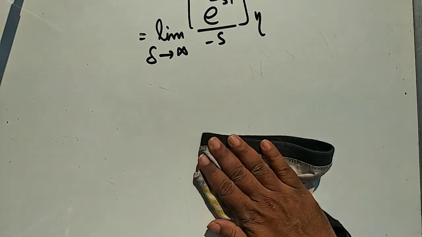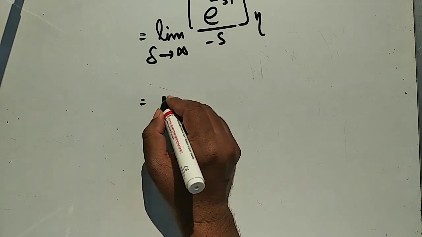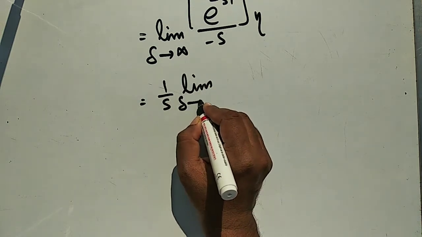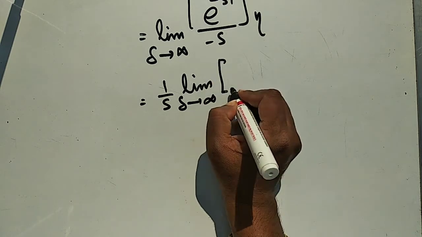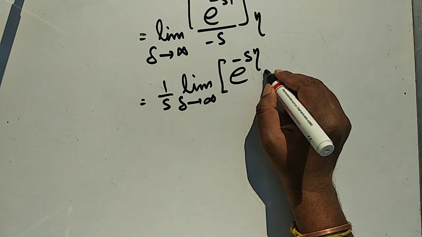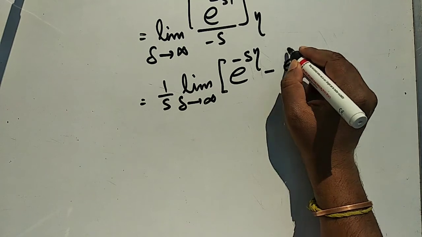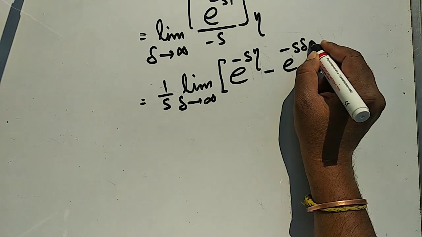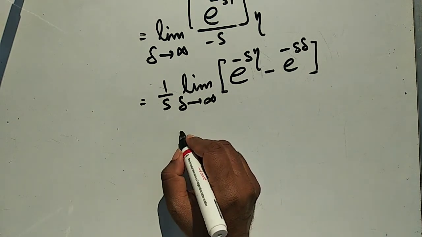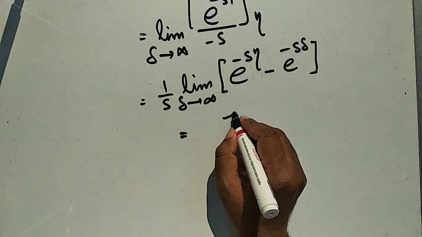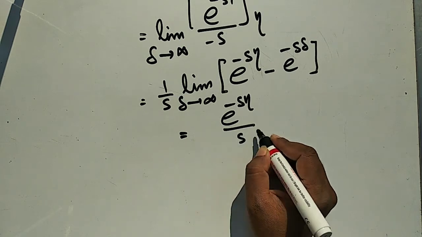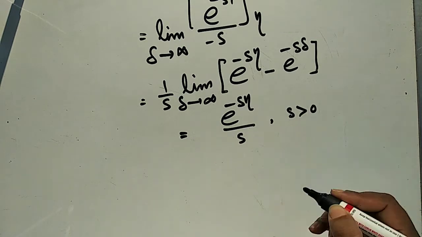Okay, so as delta tends to infinity, this is nothing but e to the power minus s eta divided by s provided s is greater than 0.